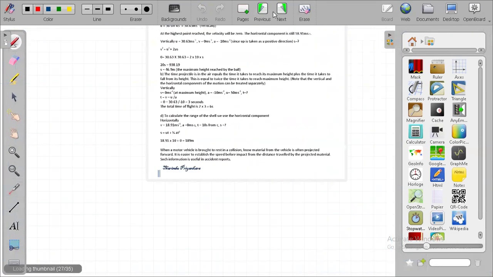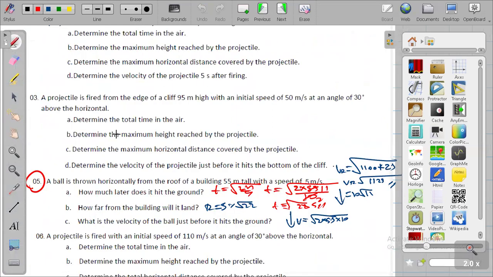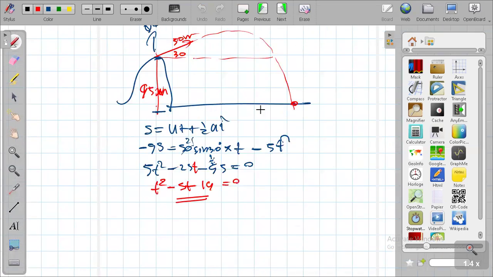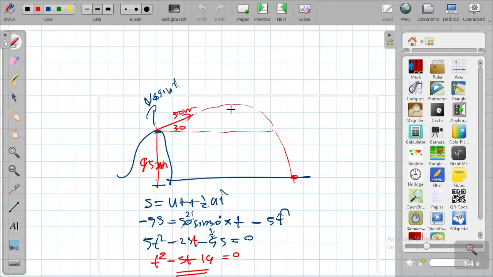After once you found that value, determine the maximum height reached by the projectile. That is a very simple thing here. Because to find out the maximum height, h max. At the beginning, v sine 30 means 25 meters per second. Final v is 0. Acceleration is gravity 10.